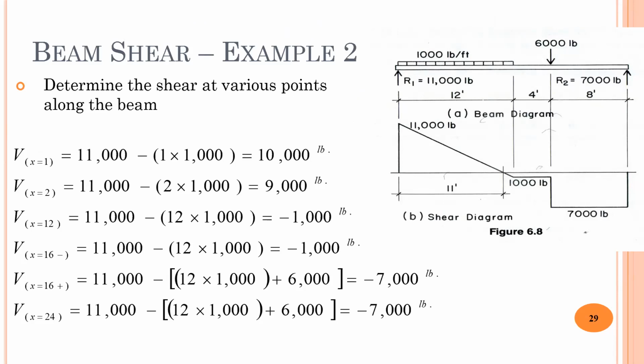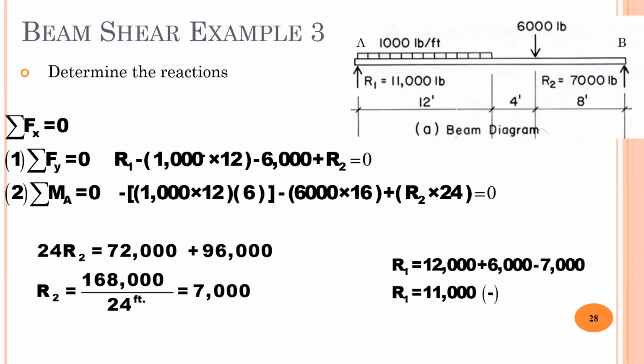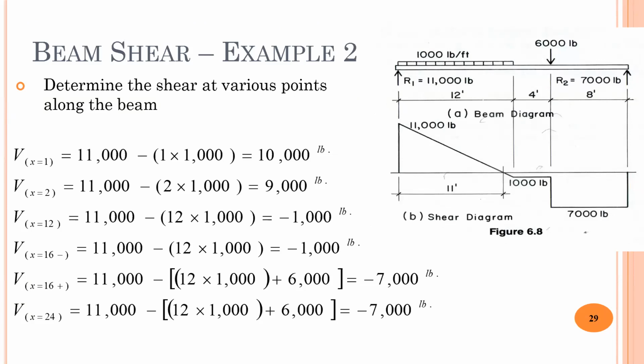What was the R1 value? Let me remind myself. R1 value was 11,000. R2 was 7,000. So remember this. Good. So R1 really is 11,000, and that is going up.